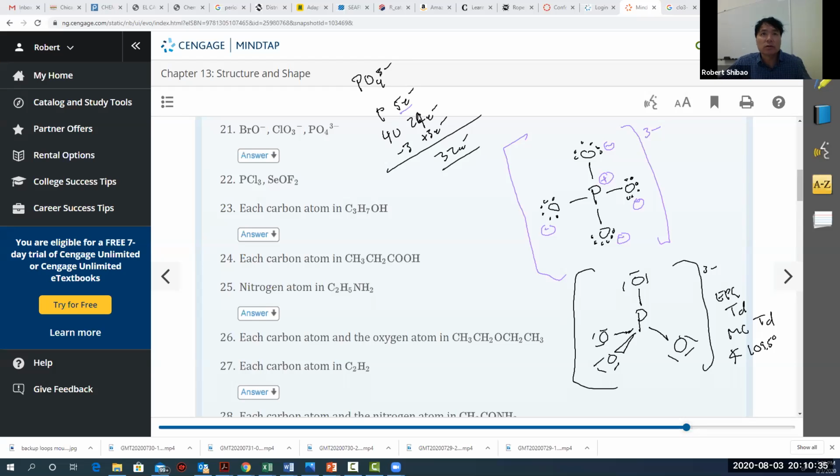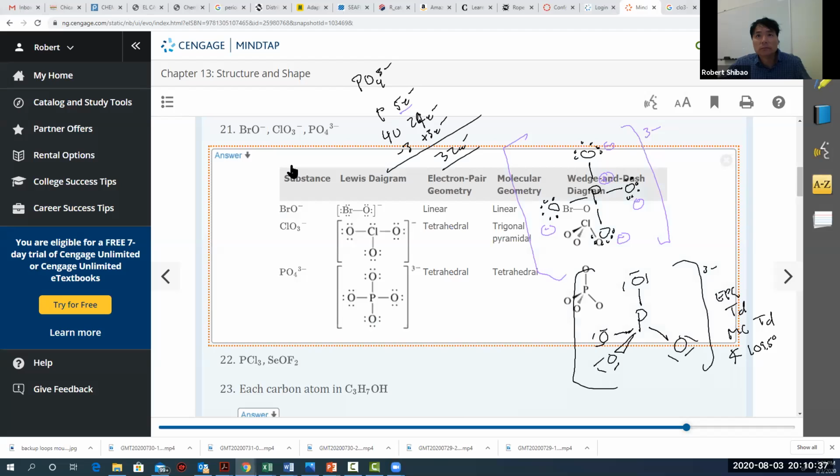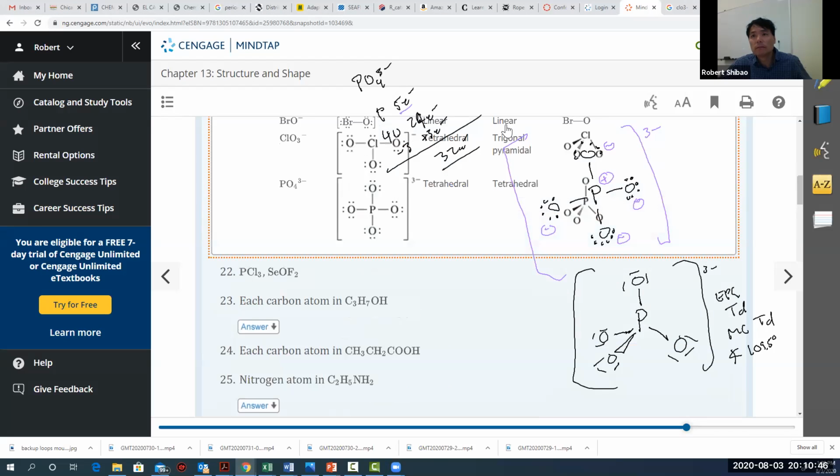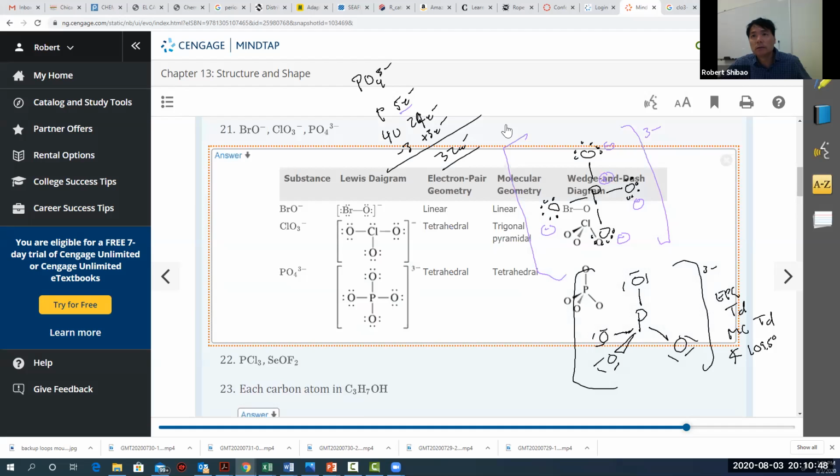Let's see how the book drew these. All right.